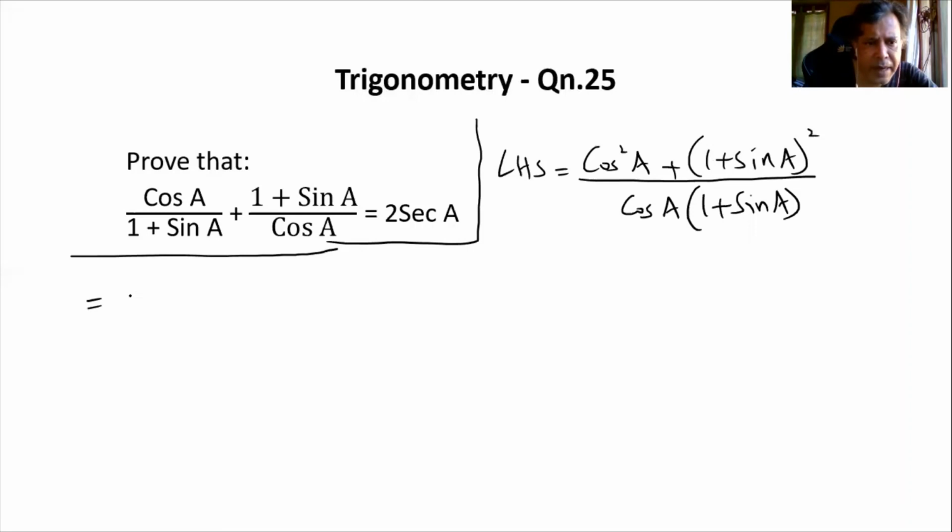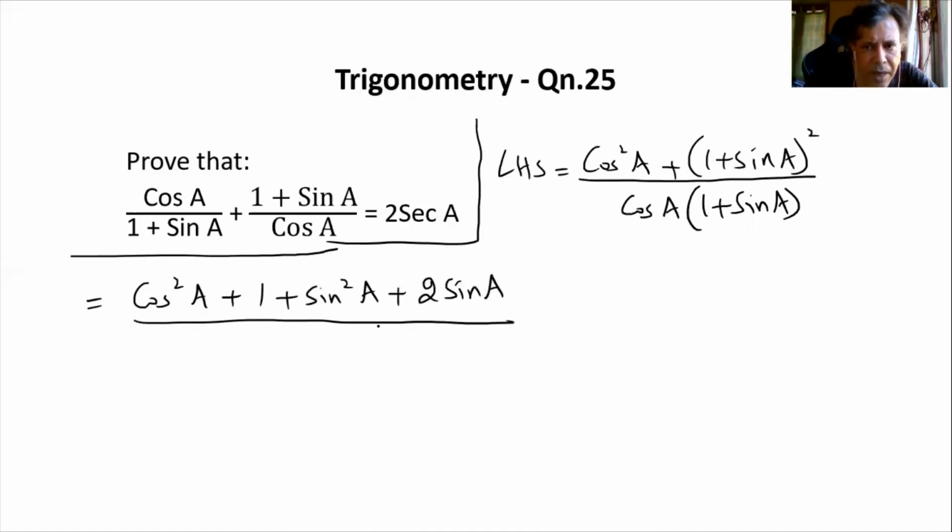Now let's expand it. First one is cos square A plus, now it is like A plus B the whole square, A square plus B square plus 2AB, 2 times sin A, divided by cos A into 1 plus sin A. Right.